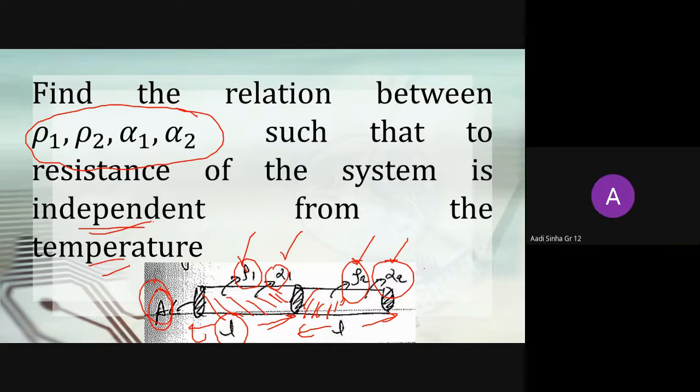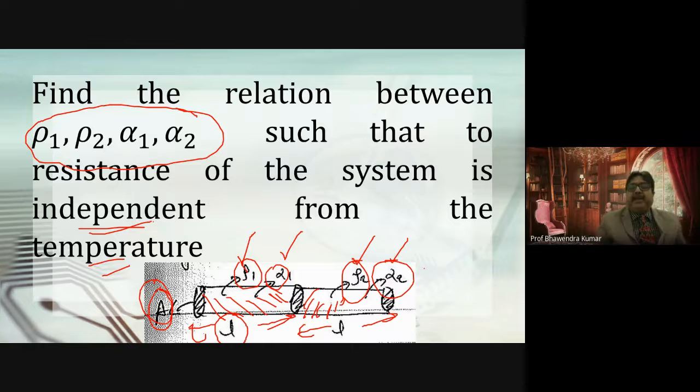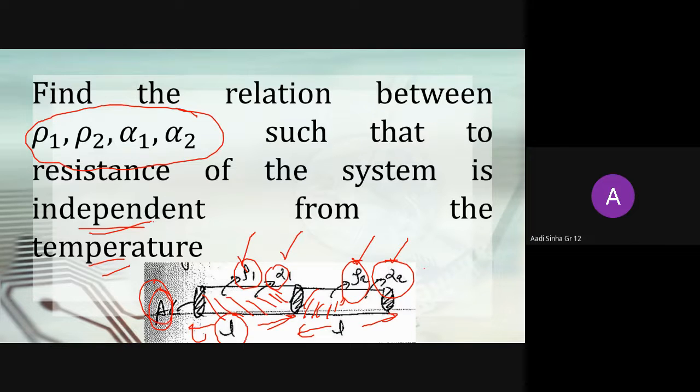Yes, Adi, tell me. Sir, alpha 1 rho 1 plus alpha 2 rho 2 is 0. Yes, excellent. Very good. Now, what is the practical situation in which this is possible? Can both sections of the given system be conductors? No, sir, they can't, because alpha will be positive then.